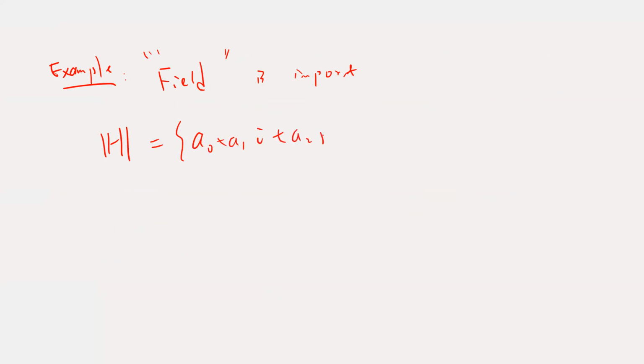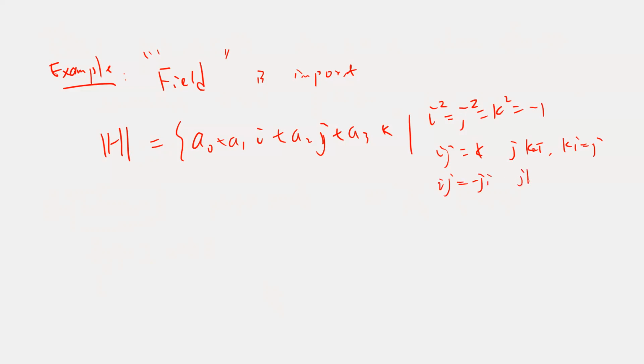This is the quaternion algebra, such that i squared, j squared, k squared is -1, and ij is k, jk is i, ki is j, and then if you change the order of these, there will be a negative term.